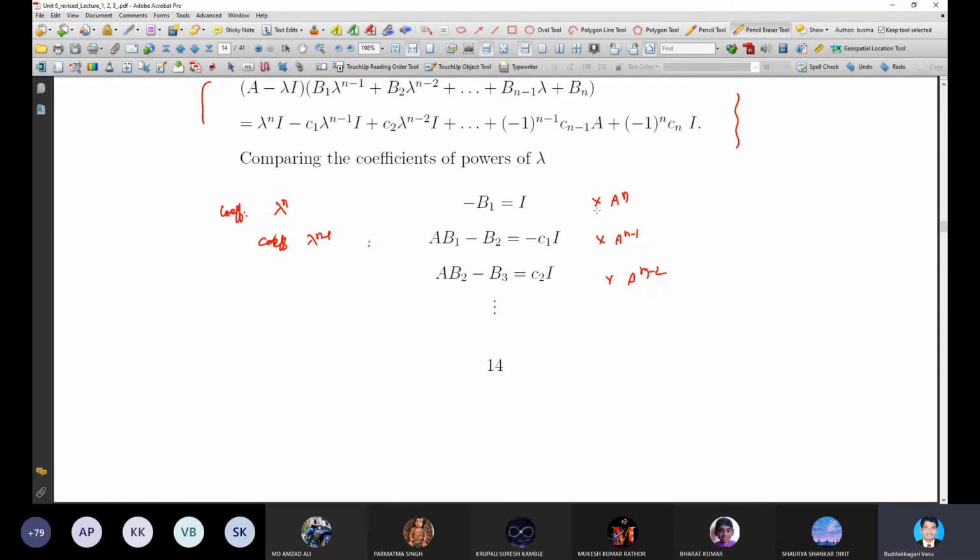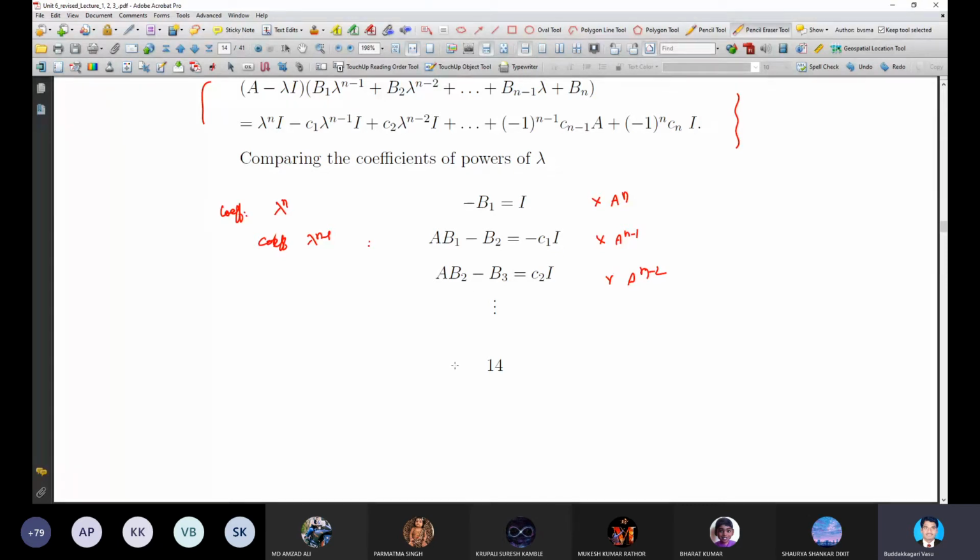So now pre-multiplying with A power n, minus A power n into B1 is equal to A power n into I. And adding that one, multiplying with A power n minus 1, we get A power n into B1. Here minus A power n into B1, here plus A power n into B1, that will be cancelled.